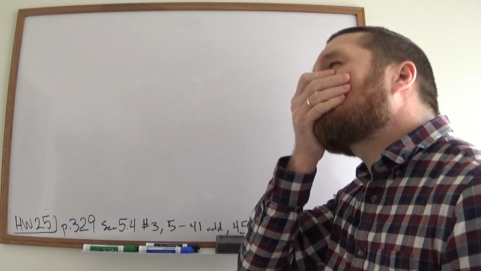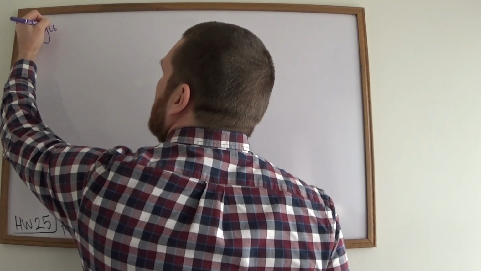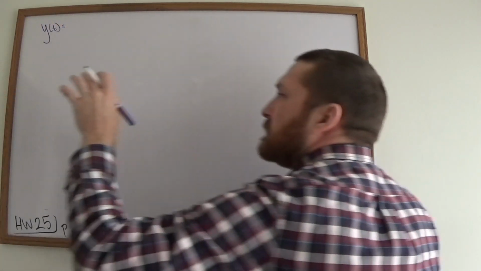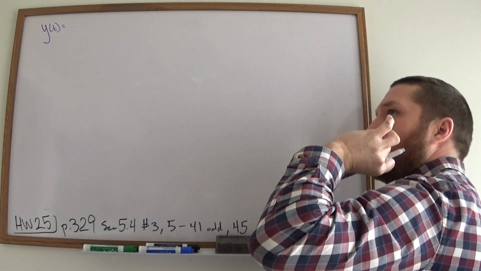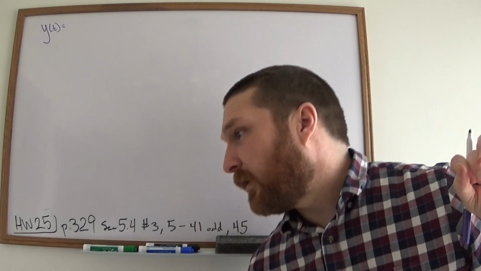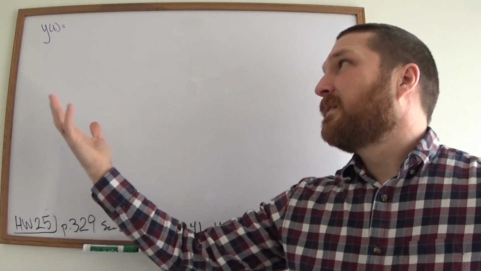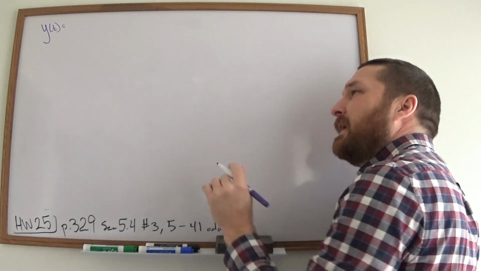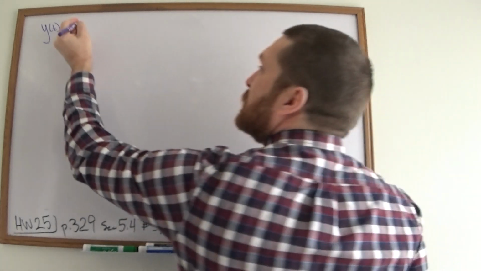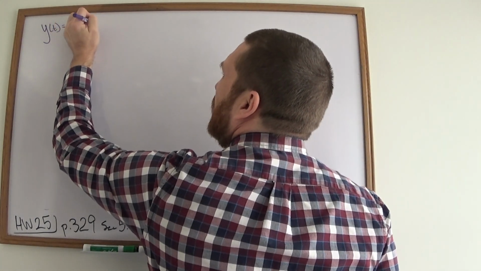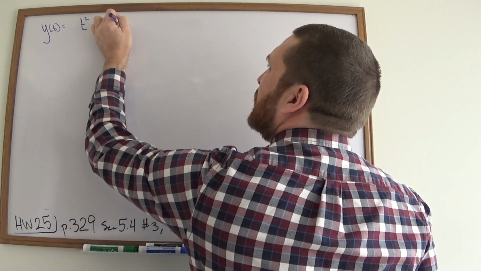Does anybody remember the formula for projectile motion? Like if you drop something, or let's say you take a ball and you throw it up at a certain initial velocity. It's a parabola, right? Does anybody remember the formula for it in terms of t? It's a parabola, and so we know that it's t squared plus something t plus something.